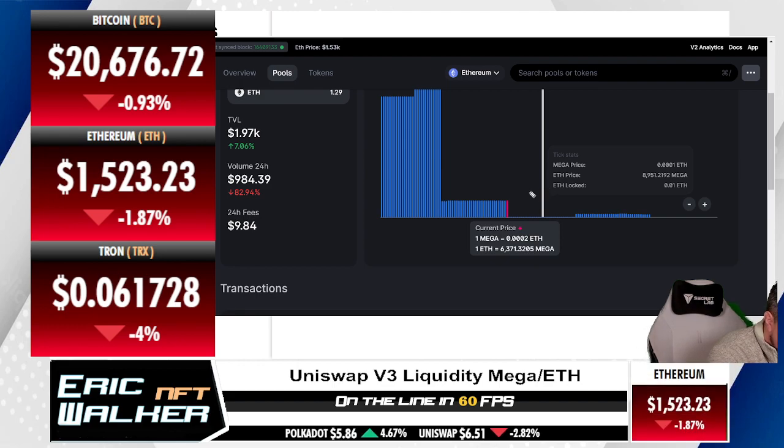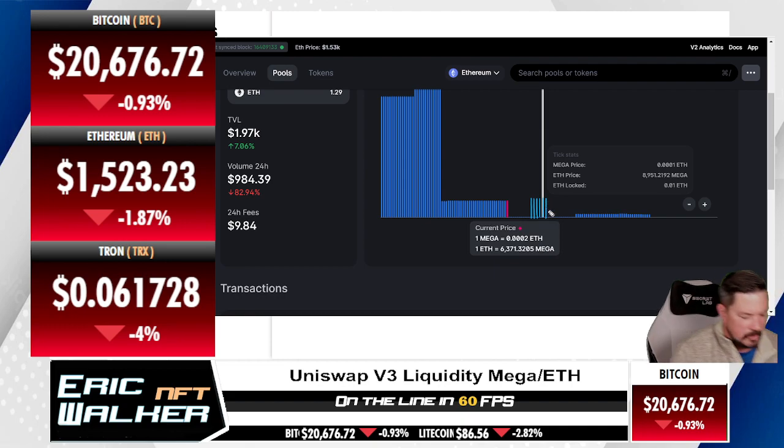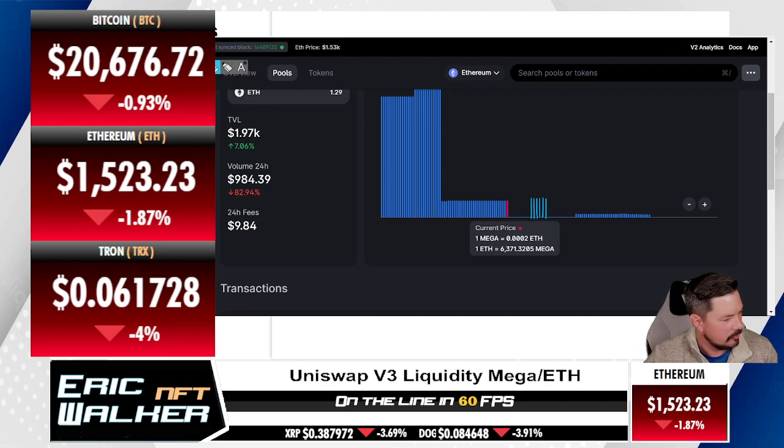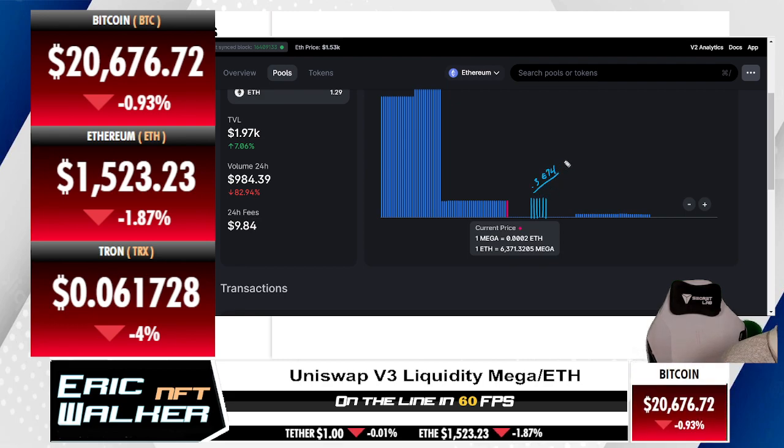Bars would be a little bit shorter and a little bit wider. We'd have more bars, so we're taking that 0.3 and spreading it out a little bit further. That's what we would call a wider range. Again, this is 0.3 ETH worth of liquidity.